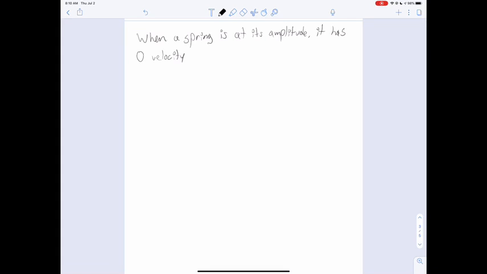So that's one of the situations that we're going to be looking at: when a spring is at its amplitude, at its maximum displacement. The second one is when the spring is at the equilibrium position or passing through it. It has maximum velocity and zero elastic potential energy.